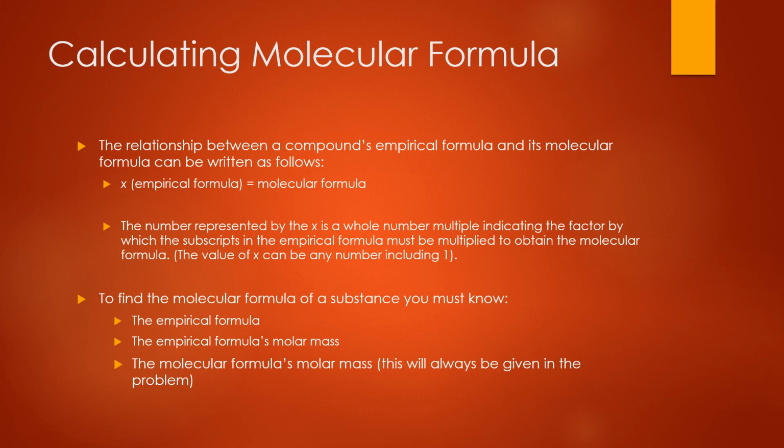It says the relationship between a compound's empirical formula and its molecular formula can be written as follows. This right here, where it says X times the empirical formula equals the molecular formula, is an equation that you should make note of, write down somewhere. Whatever we solve for X, it's going to multiply by the empirical formula's subscripts.